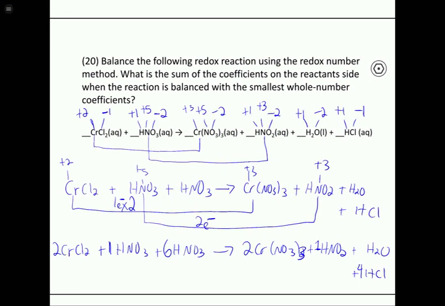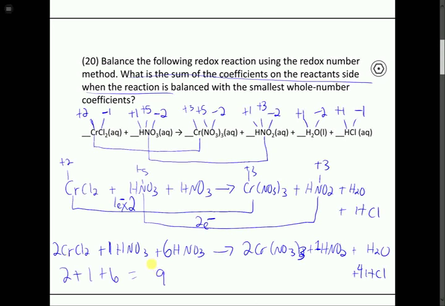But anyway, it doesn't really matter because all we're asking about in this question is the sum of the coefficients on the reactant side. So here we have 2 plus 1 plus 6, our total of 7 nitric acids, is going to be 9. So if we were writing this out conventionally, we would combine this 1 and 6 into a single coefficient of 7, but the point is the sum of the coefficients on the reactant side is 9.